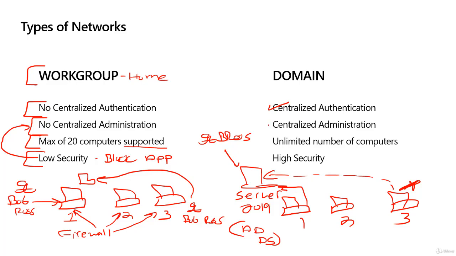We also have centralized administration. Let's go back to the firewall example. If I wanted to block a certain application on all computers in the entire domain, that could be dozens, hundreds, thousands, even tens of thousands of computers.